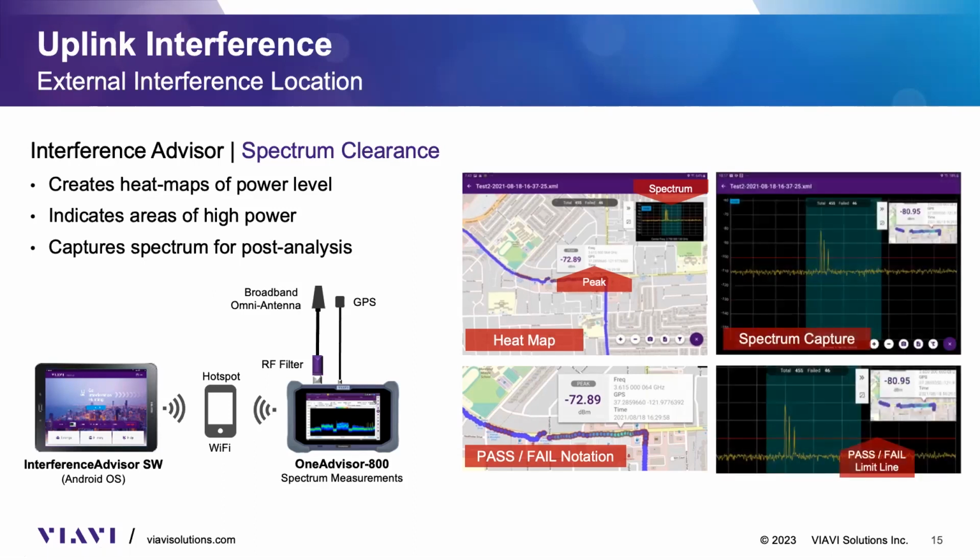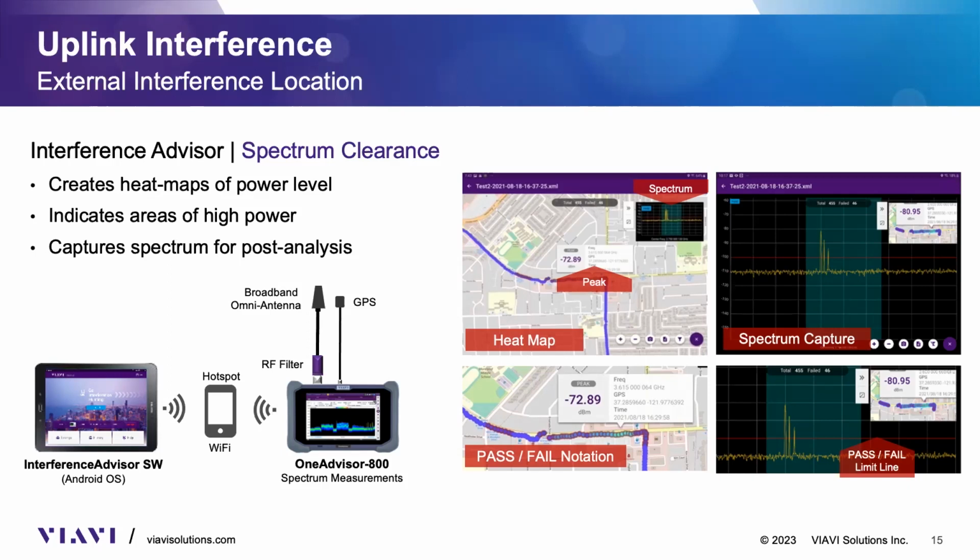And then we can even analyze the type of signal to look for those external interferences that we observed in our drive test. So this is one methodology. We call it spectrum clearance because this happens to be before the radio is live.